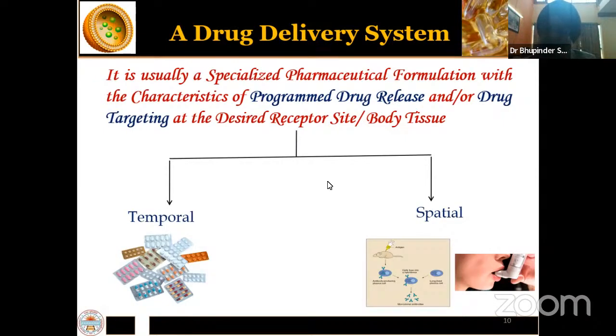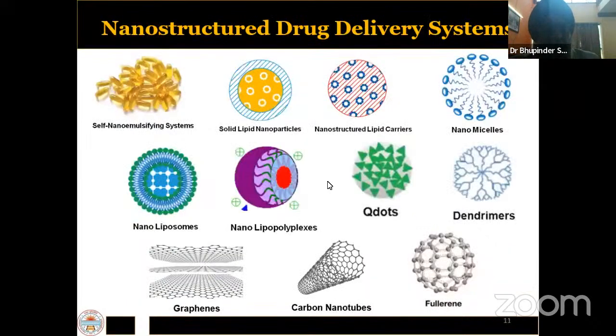And the third is bio-enhanced systems, where the bioavailability of the drug is enhanced. And there are so many nanostructured systems.